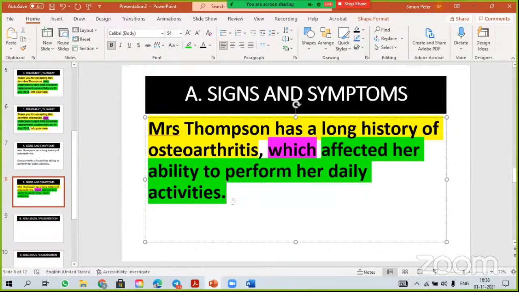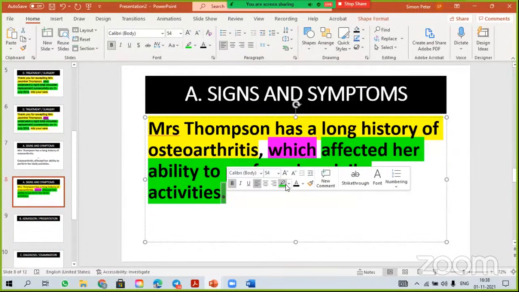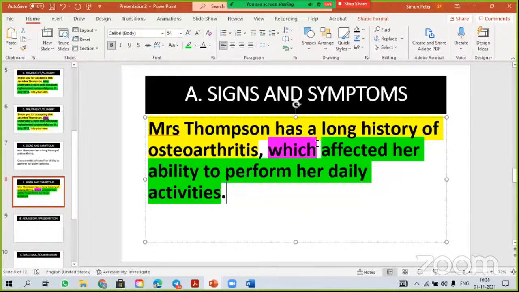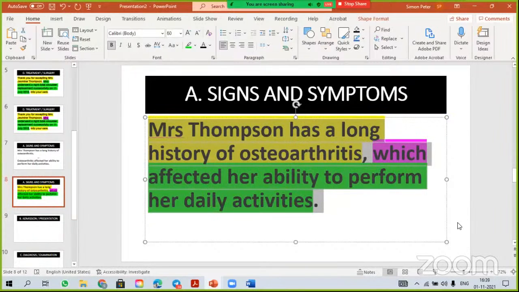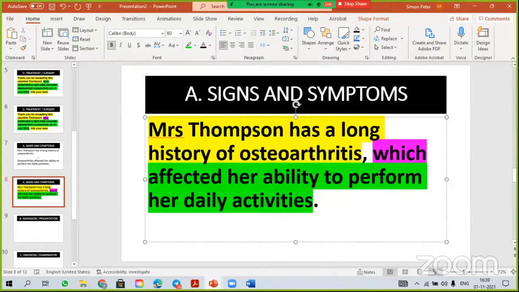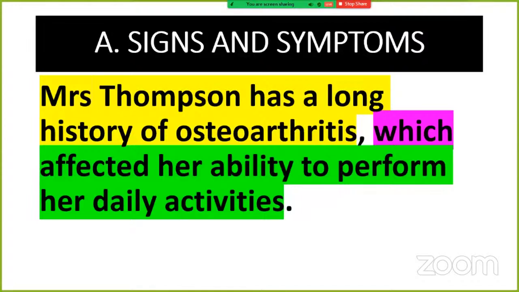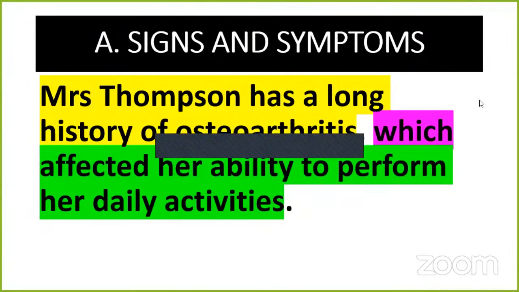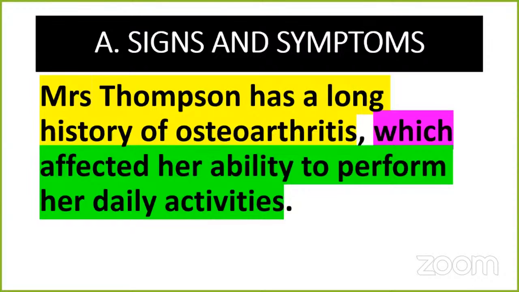So you can see there, which is joining these two sentences. Which means osteoarthritis. So you are joining the sentence using which. Fine. So the sentence is very clear now. So you can make a sentence using which like this. You can use who for people, which for things. Something means which. People means who.